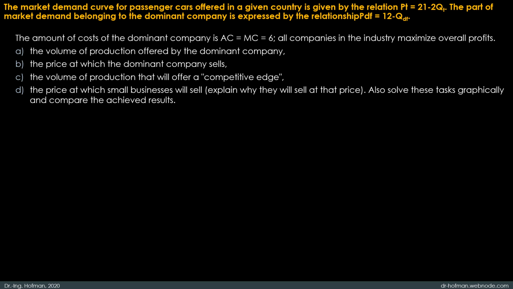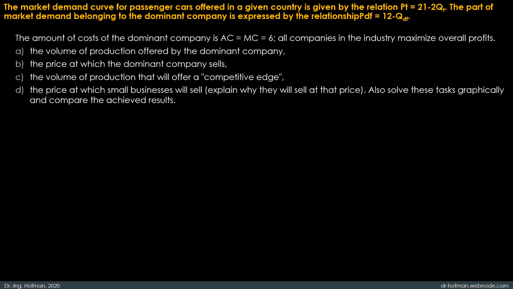You should answer questions. A. The volume of production offered by the dominant company. Determine this volume of production. B. Determine the price at which the dominant company sells.